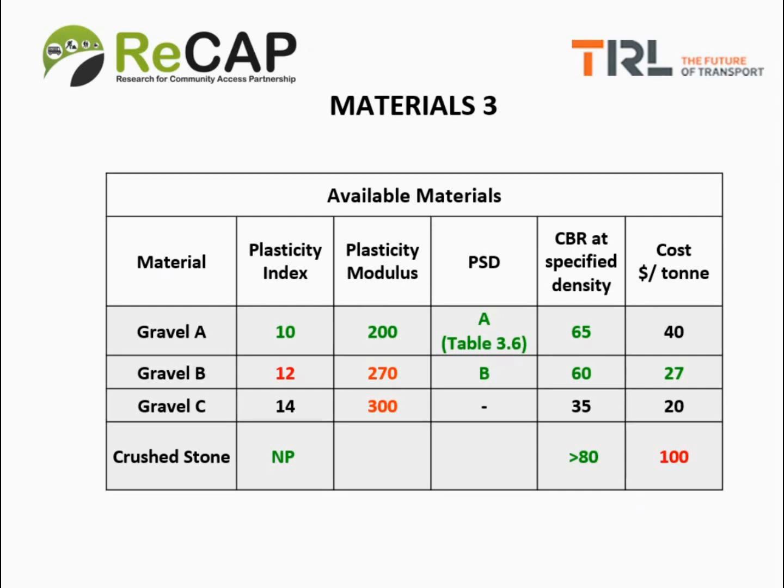And of course, if we really cannot find any locally available materials, as a last resort we could possibly use crushed stone. That would be non-plastic, and as you can see from the cost, it is 2.5 to 3 times more expensive than the others. So obviously using locally available materials is the answer to keeping the costs down.